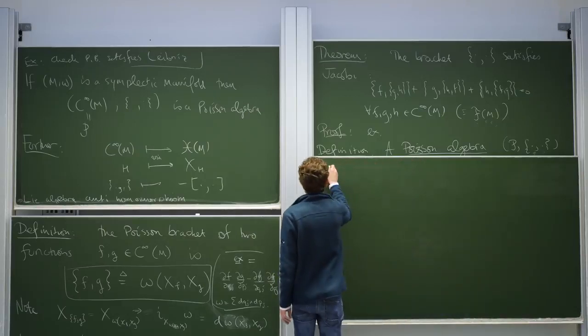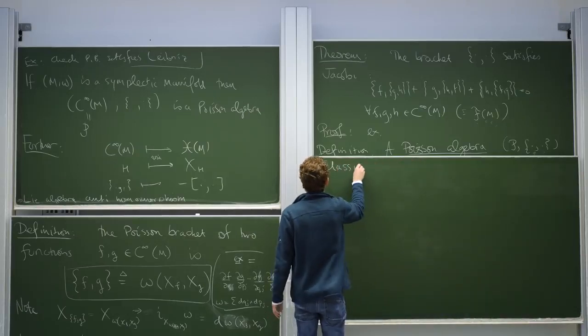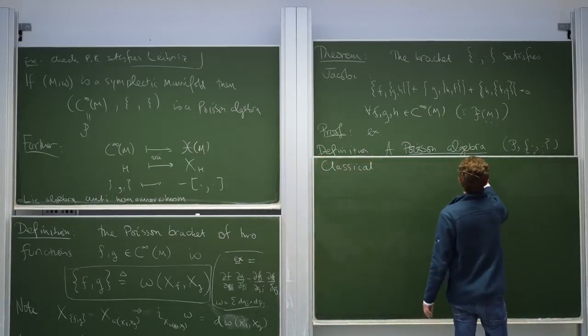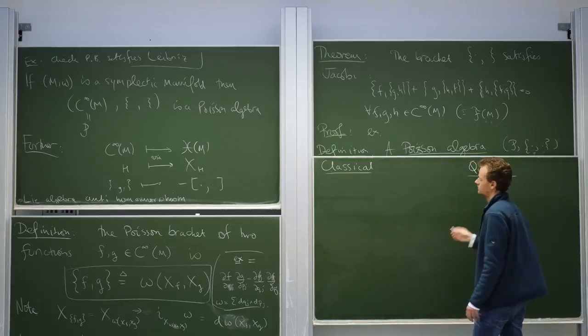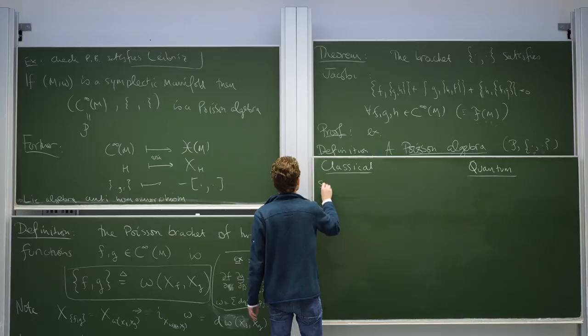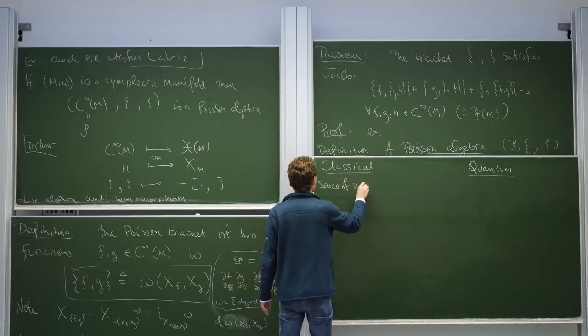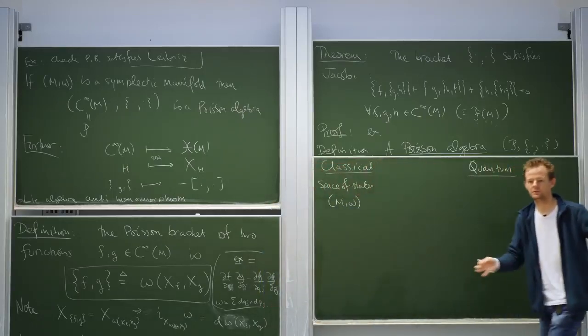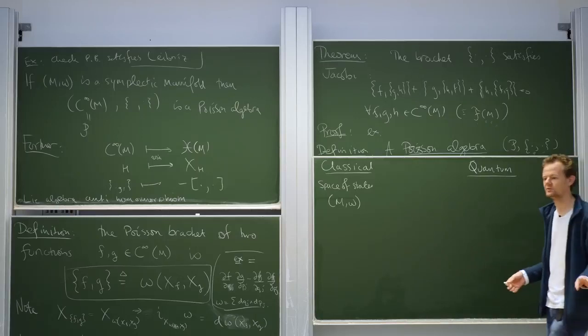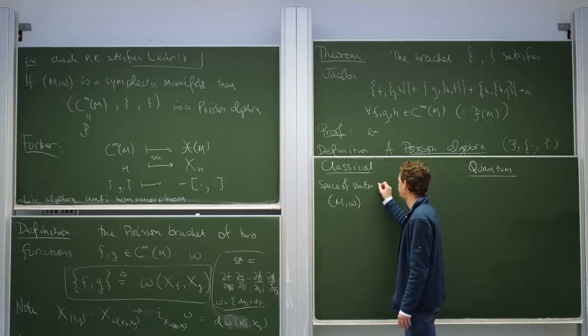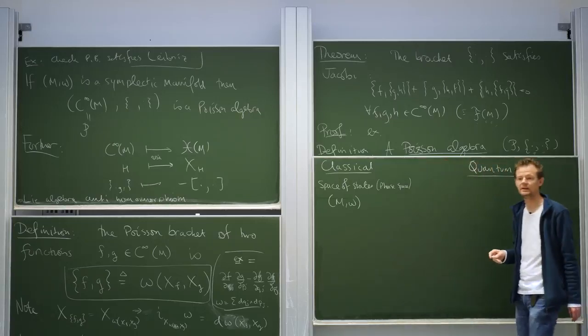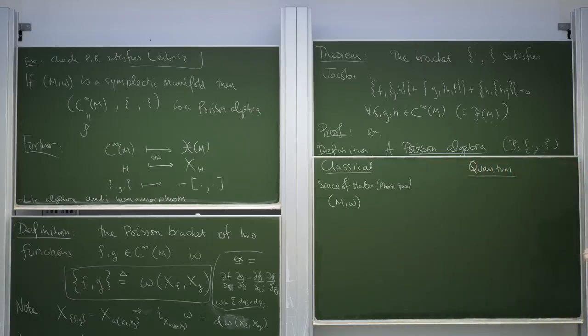So let's just crystallize this. In classical mechanics, if you're willing to accept that symplectic geometry is a generalization of classical mechanics, you have your space of states, that's phase space. And that corresponds in classical mechanics to just a symplectic manifold.